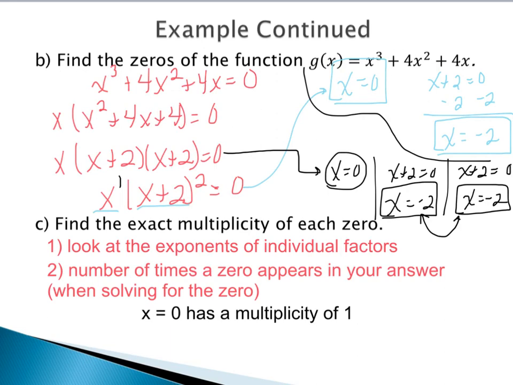So x equals negative 2 has a multiplicity of 2. Or, if you didn't rewrite it as x plus 2 squared, solving them individually, you get x equals negative 2 and x equals negative 2. Again, it appears twice, so its multiplicity would be 2. That's finding the exact multiplicity, saying how many times it appears.